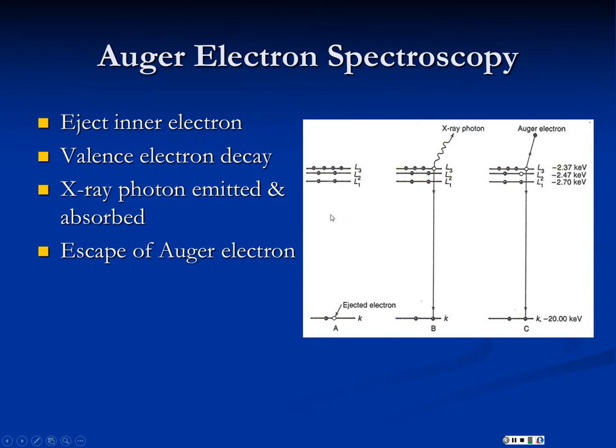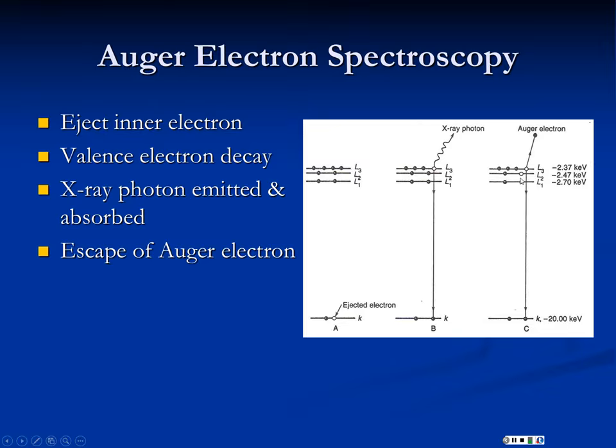The last inelastic product that's of interest is kind of the ultimate ping pong or pool table trick. We start out like a characteristic X-ray: the beam electron ejects an inner electron, then an outer electron decays down and emits an X-ray photon. But that X-ray photon doesn't make it out of the atom.